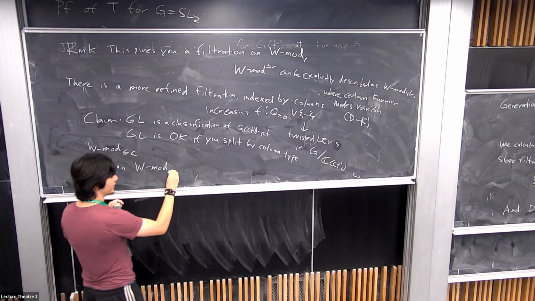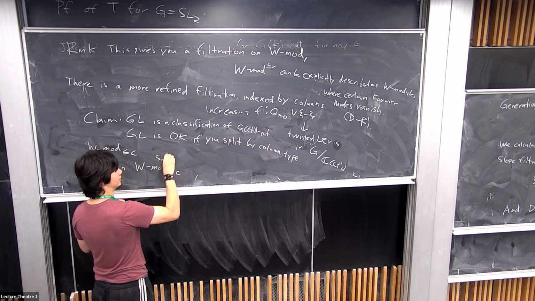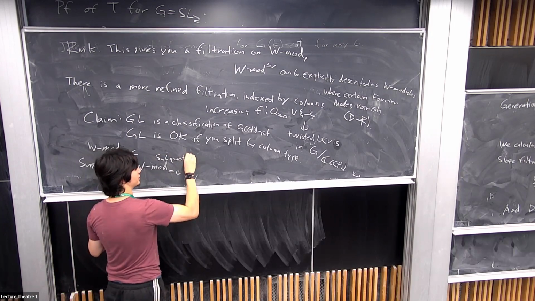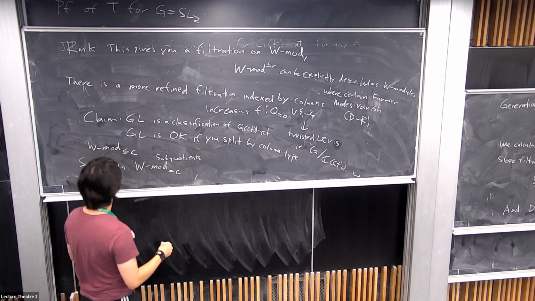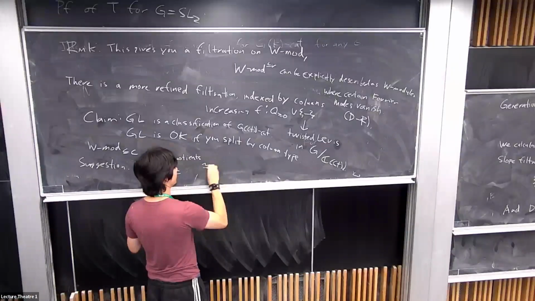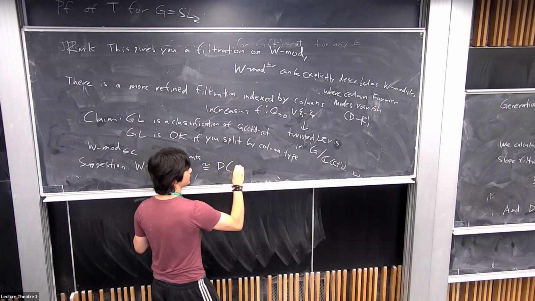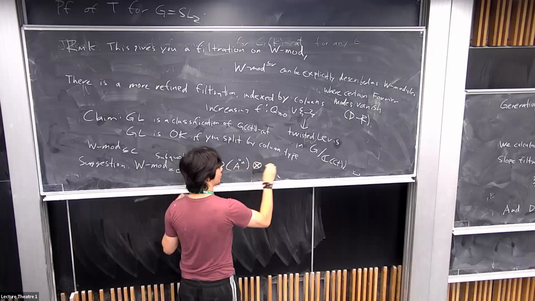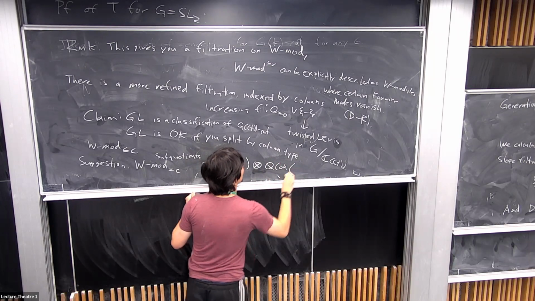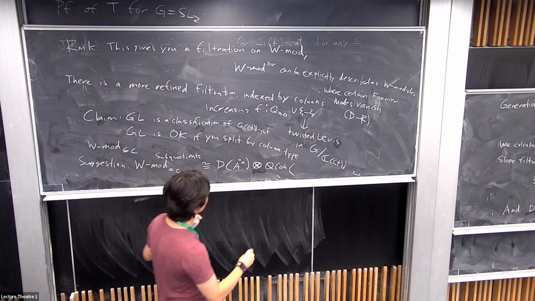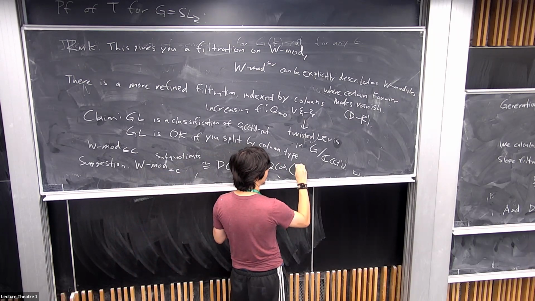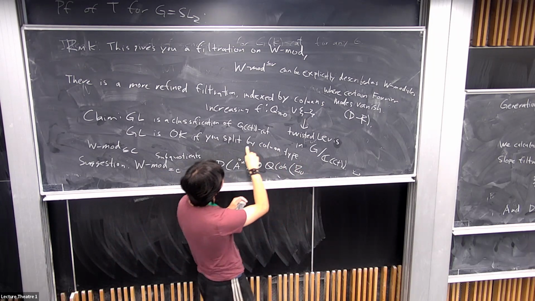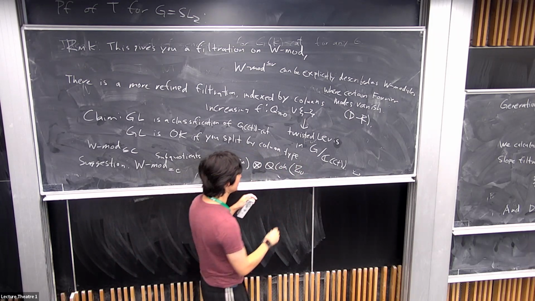So W mod, if you take the subquotient of this filtration, the subquotient can be written as D-modules on an open set in an affine space, tensor quasi-coherent sheaves on a specific torus. I'm going to write Z0 because it's going to be the center of f of 0 when it's connected.